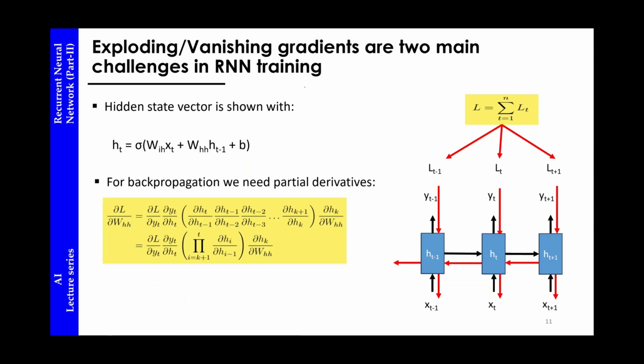For vanishing, if we have a value x between 0 and 1 and we multiply it by itself multiple times, we get a very small value, very close to 0. And if we have a value larger than 1 and multiply it by itself over and over, finally we get a very large value. We diverge to infinity. That is the main idea.